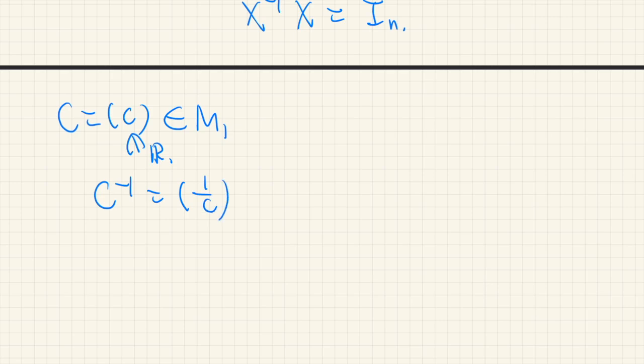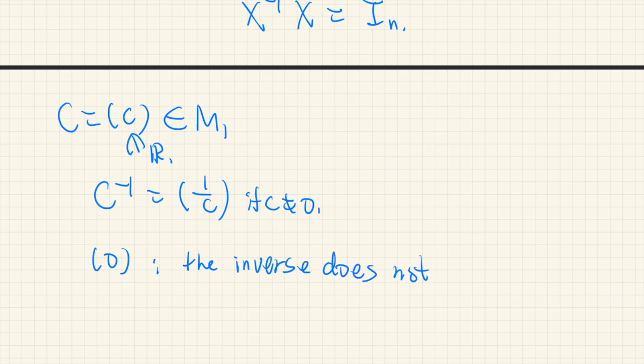But this exists only when C is non-zero. And if this matrix happens to be the zero matrix, then the inverse does not exist. So there are matrices for which inverses exist, but there are also matrices for which there are no inverses.